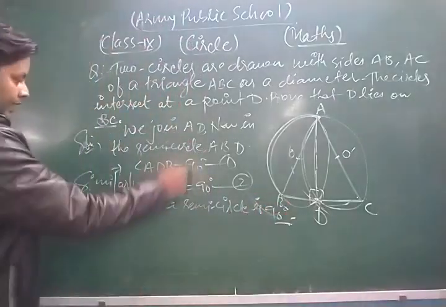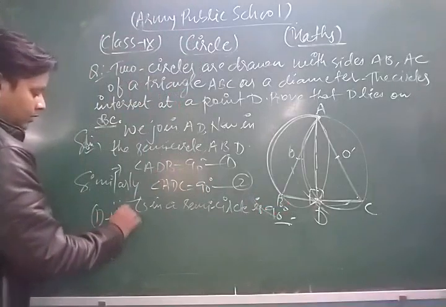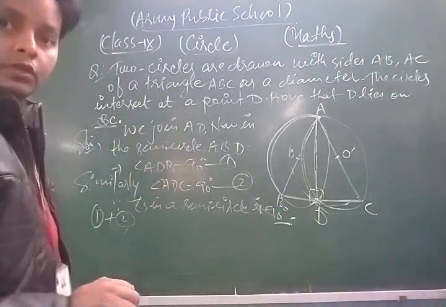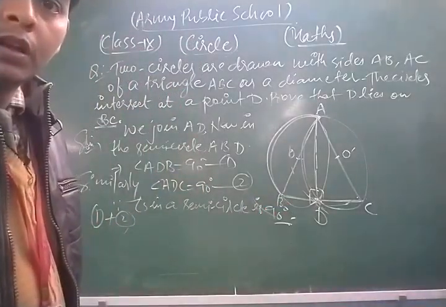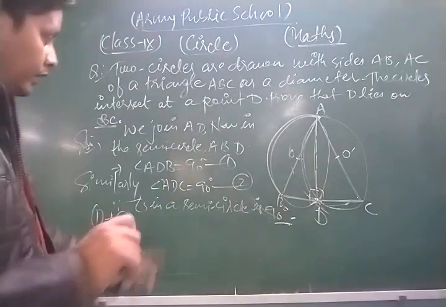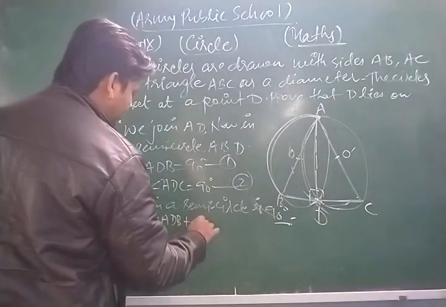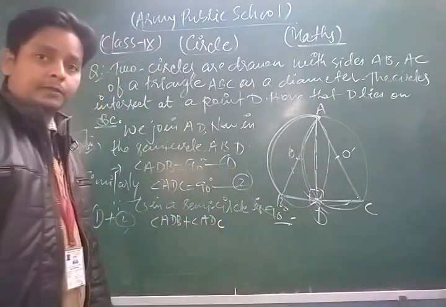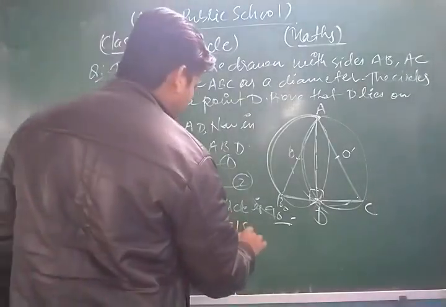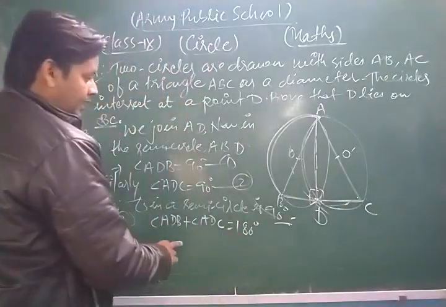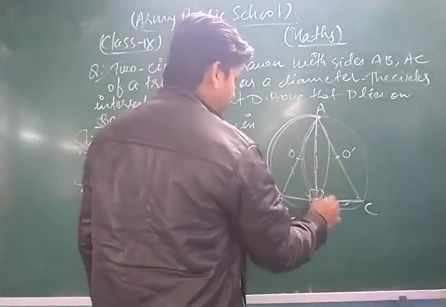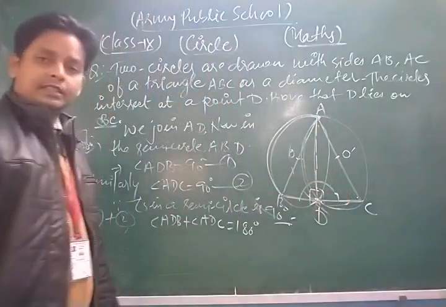Now adding 1 and 2, angle ADB plus angle ADC is equal to 180 degrees. Now from the figure, angle ADB plus angle ADC is the same as angle BDC.